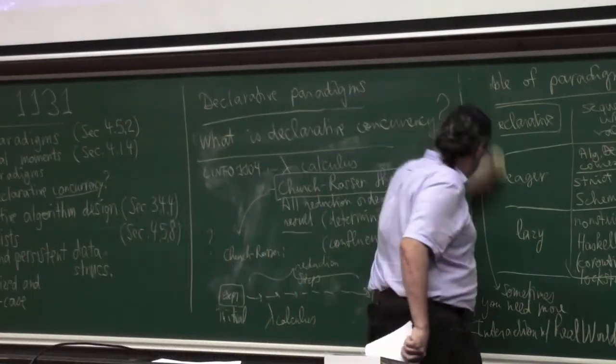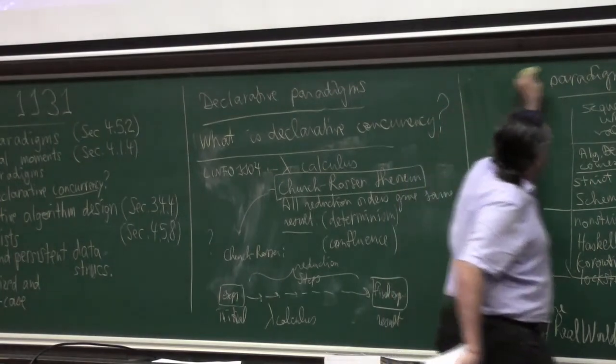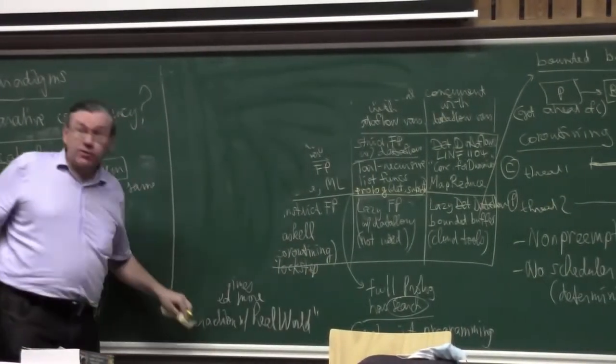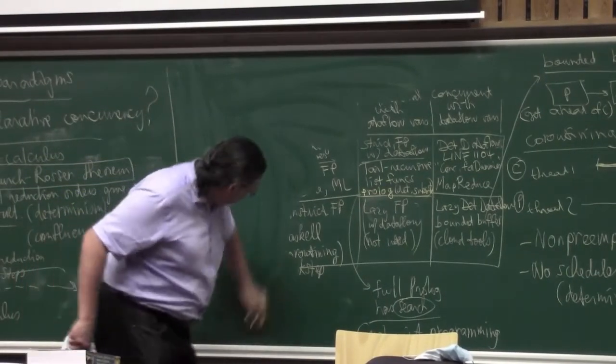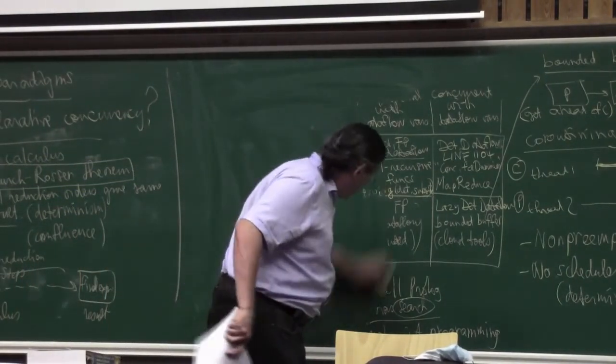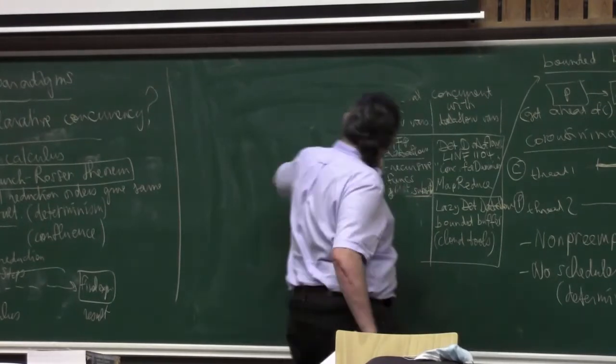So let me show you how we go beyond. So we're actually using Church-Rosser as a building block. We're putting it together, but we're using it in a more general way.